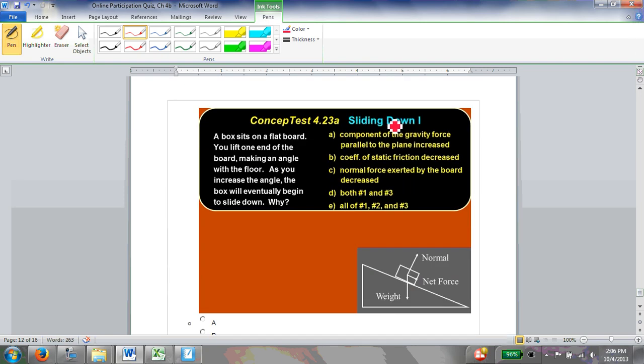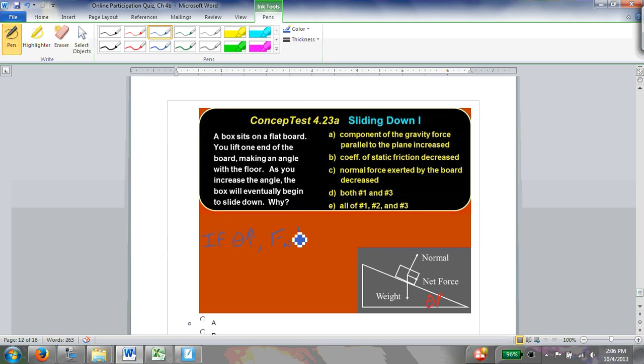A box sits on a flat board. You lift one end of the board, making an angle with the floor. As you increase the angle, the box will eventually begin to slide down. We saw this in the previous online quiz, where if I increase the angle theta, that decreases my normal force. If theta goes up, my normal force goes down.